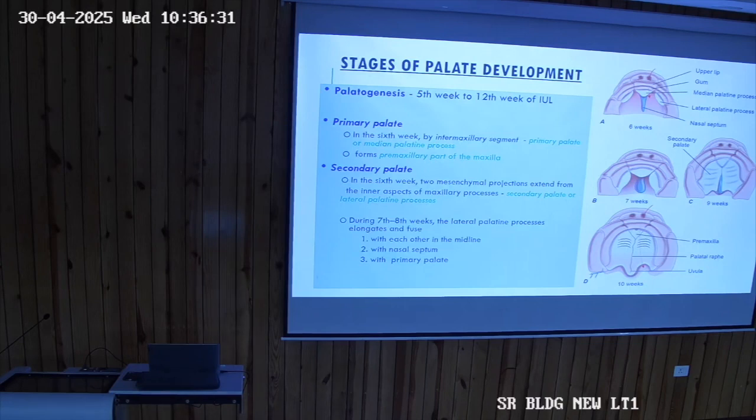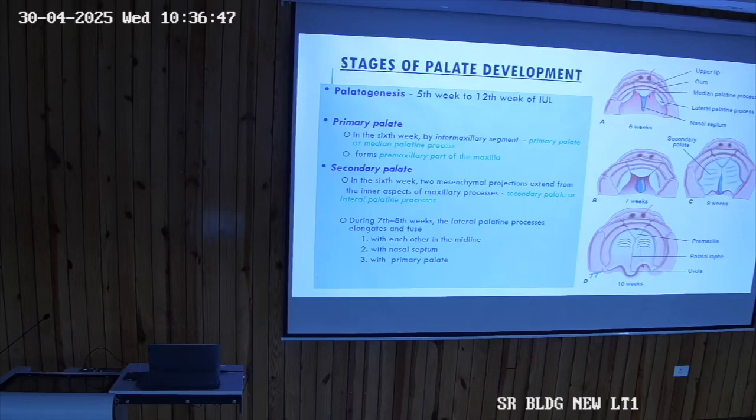Okay? So the definitive palate is derived from the primary palate and secondary palate. If you have seen the skull and the maxilla part of the skull, there is the incisive foramen in the anterior part of the palate.